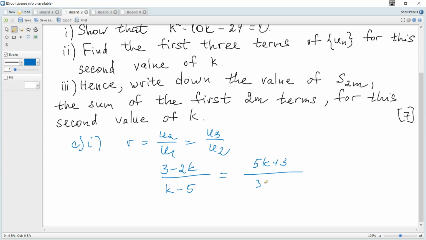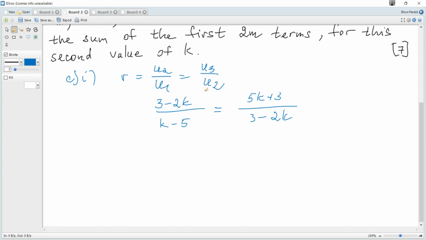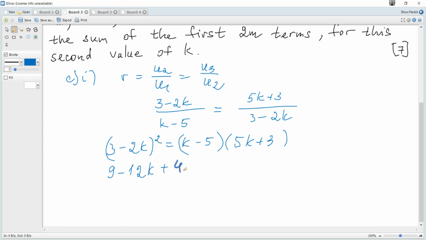Just cross multiplying, it becomes (3 minus 2k) squared is equal to (k minus 5)(5k plus 3), and it becomes 9 minus 12k plus 4k squared is equal to 5k squared minus 25k plus 3k minus 15.